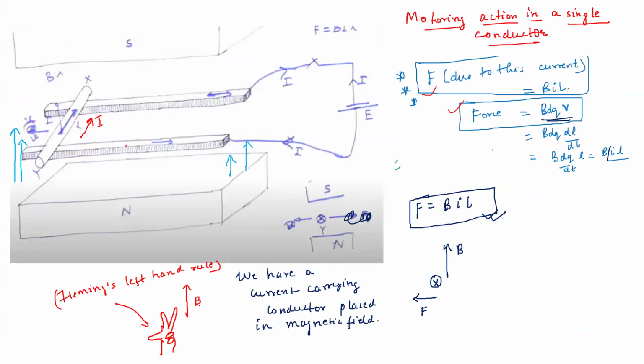So here the important thing is that this expression, force is equal to BIL, is the magnitude of force, and the direction of force is given by Fleming's left hand rule.